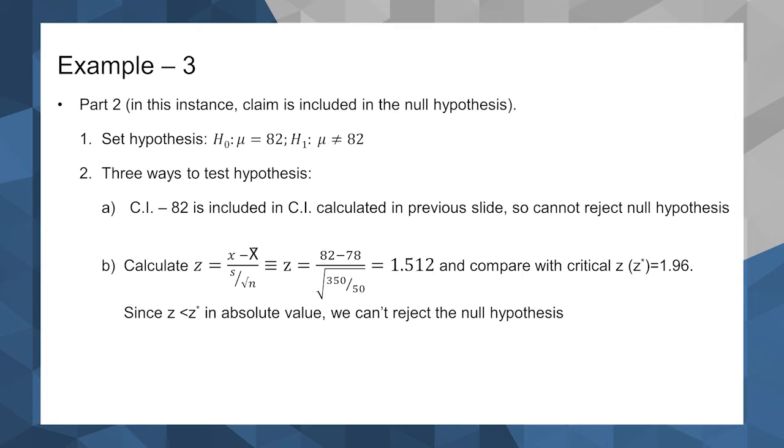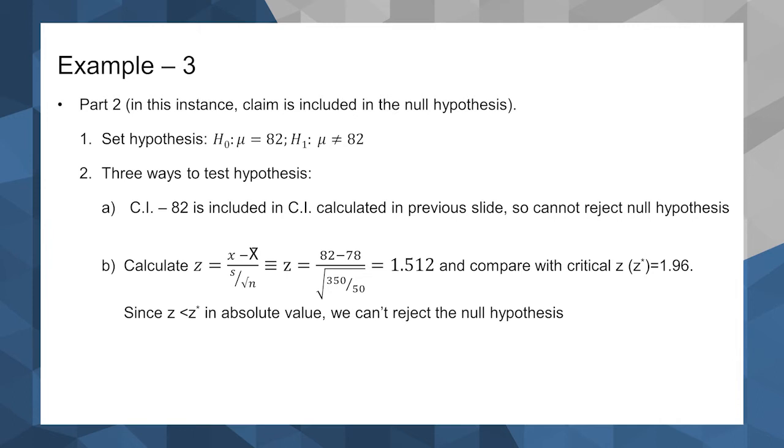The second way to calculate it, as we said, was to calculate the z-score for the data. And the z-score for the data, we calculate again using the formula for the z-score that we saw in part 3. In this case, the hypothesized value is 82, take away the sample mean of 78, and in the formula in part 3, we divided it by the standard deviation.